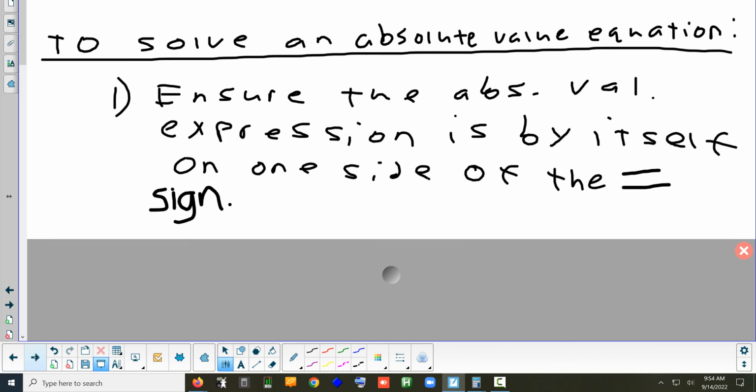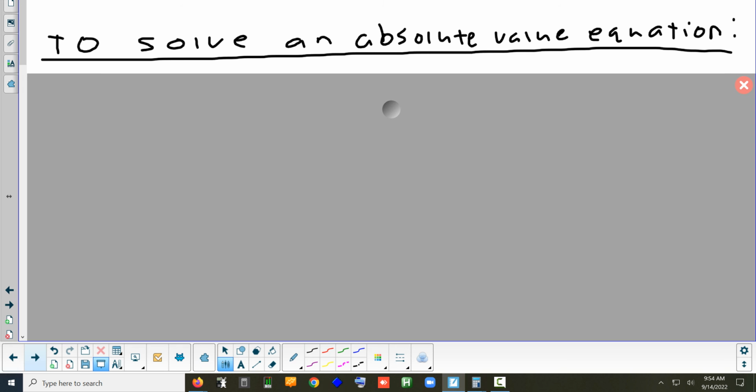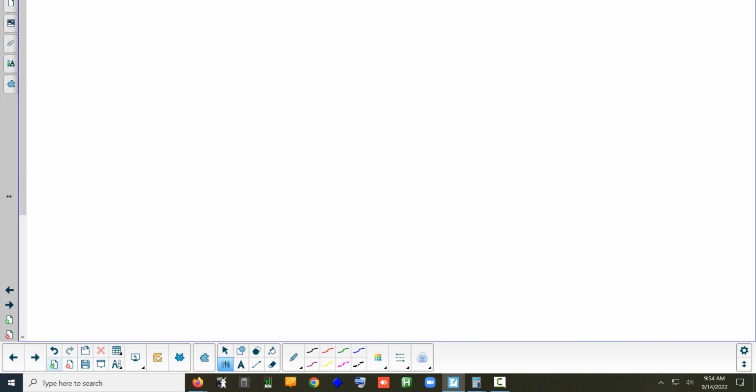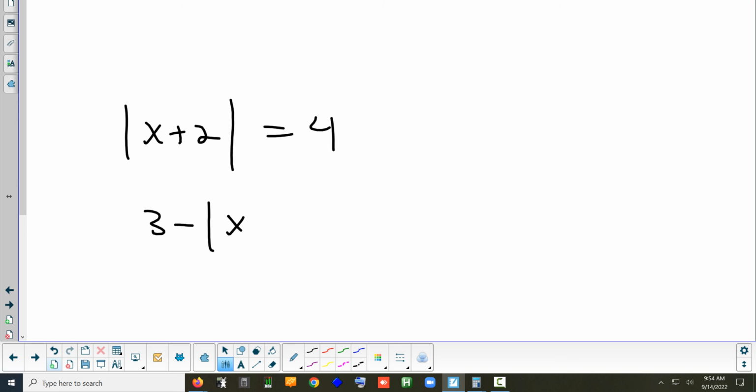All right, so how do we solve an absolute value equation? This you want to write down. There's one thing we have to make sure of first. If you had a problem like this, that's good. That's a problem that's ready to be solved. If you had something like this, that's not good.